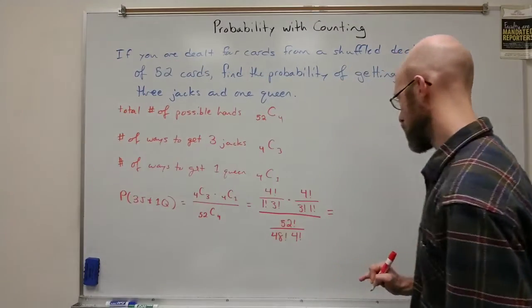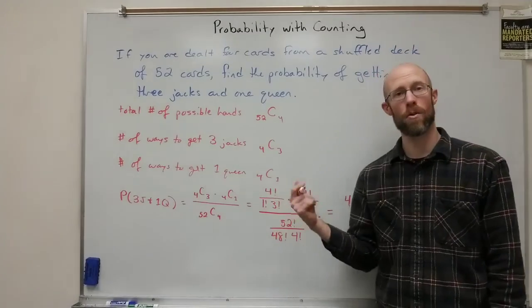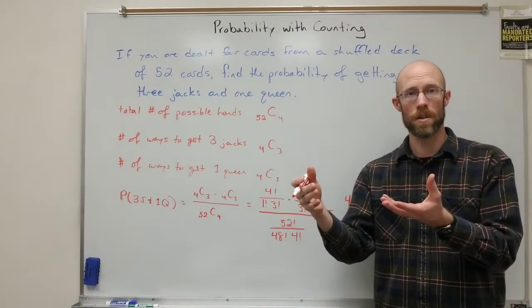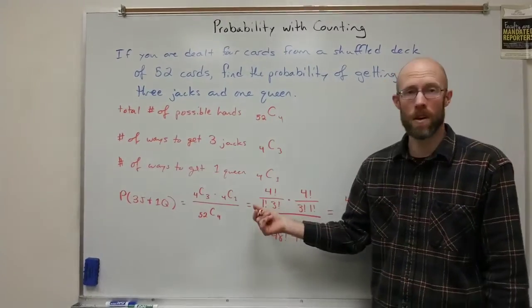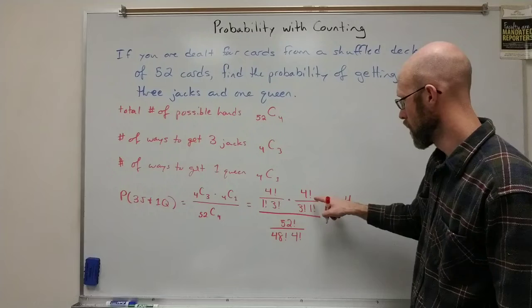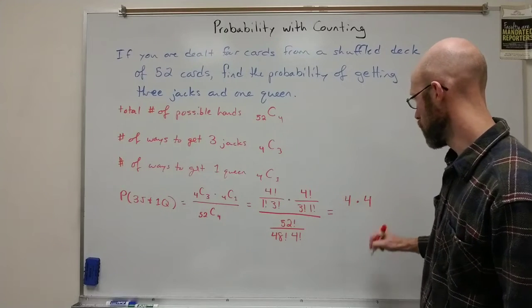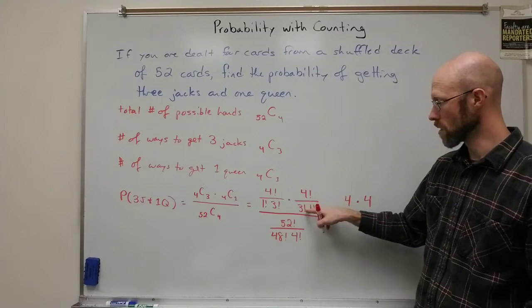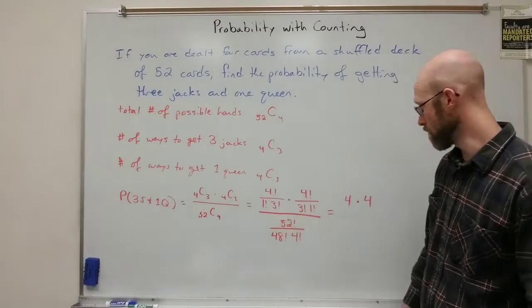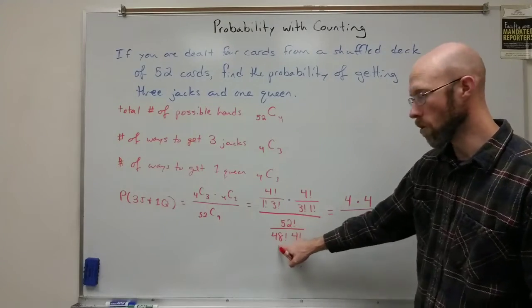Now this does get a little bit lengthy, but we can simplify it. There's a lot of stuff to cancel. 4 factorial over 3 factorial is just 4, right? 4 factorial is 4 times 3 factorial, and you divide out the 3 factorial. The 1 factorial is just 1, so that doesn't really play in here. 4 factorial over 3 factorial, 1 factorial, that's also 4, right? 4 times 3 factorial over 3 factorial, and the 3 factorials cancel. And then on the bottom, I have 52 factorial over 48 factorial.